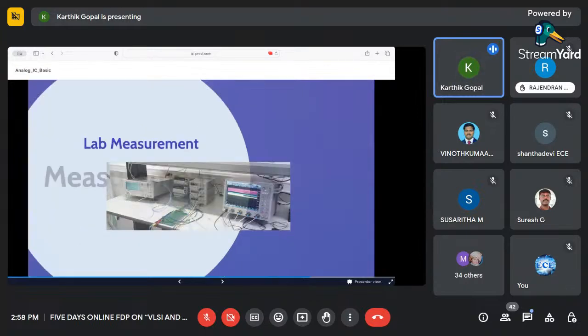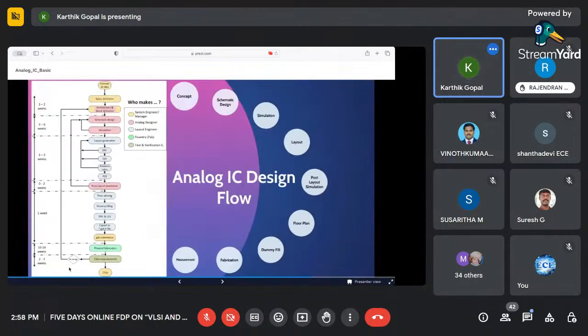And for example, if there is a failure in the chip, altogether it took around 6 months of time to design one chip, right? Till it comes from the fabrication unit. So let's assume 6 months. If there is a problem in the chip, then you go and change the architecture. Again, it takes 4 to 5 months.